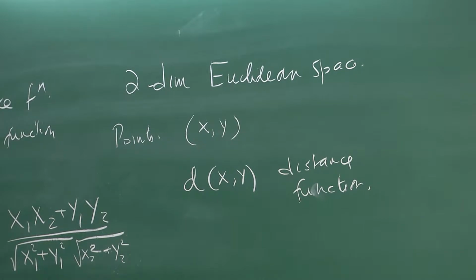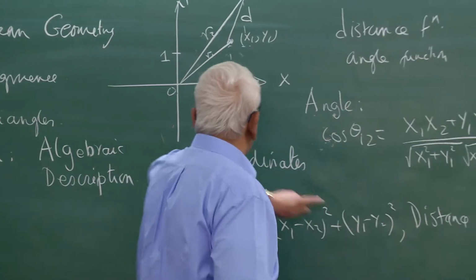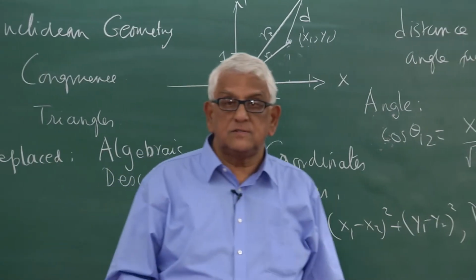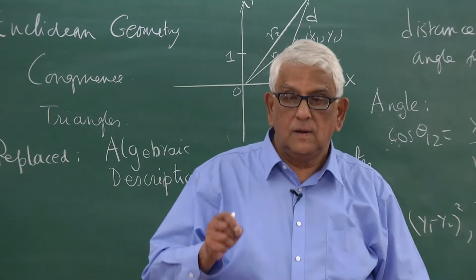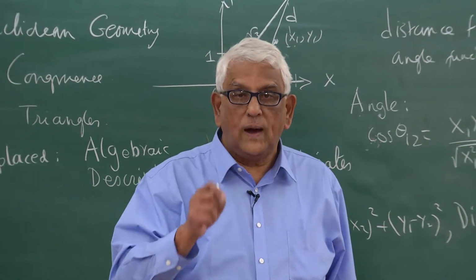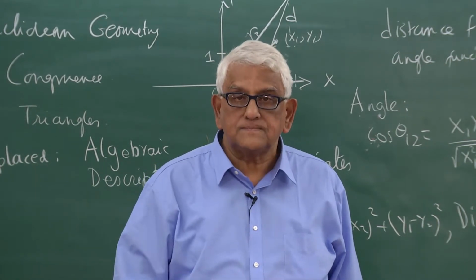All you have to say is that here we have x1, y1, x2, y2, in 3 dimensions it will be x1, y1, z1, x2, y2, z2 and so on.